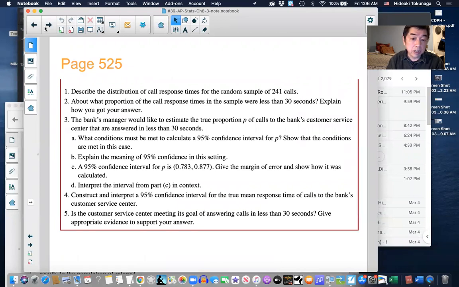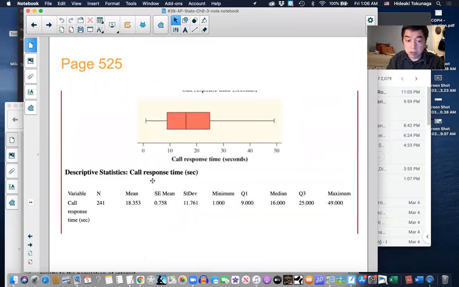So let's look at the computer output. There are 241 calls. Mean is 18.35. So the average people had to wait is 18 seconds, this is in seconds, right? And standard deviation is 11.76.